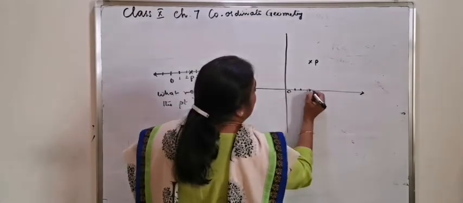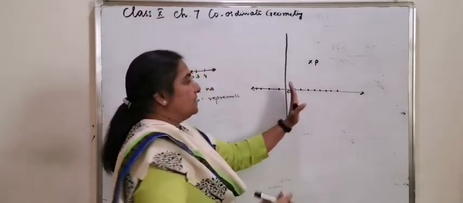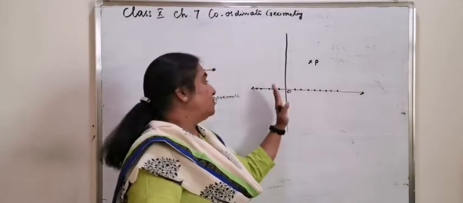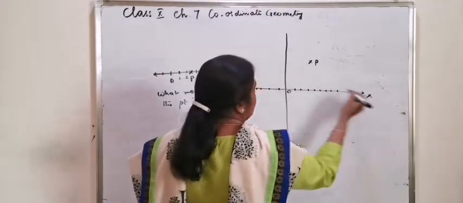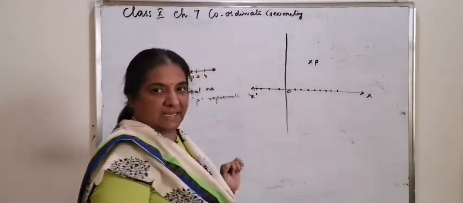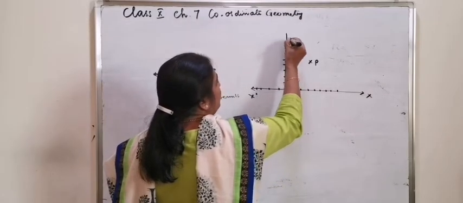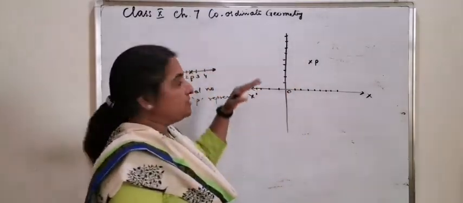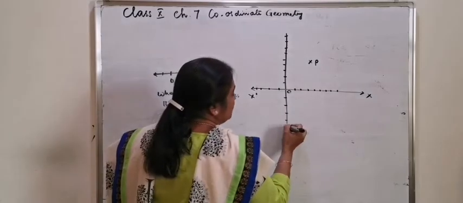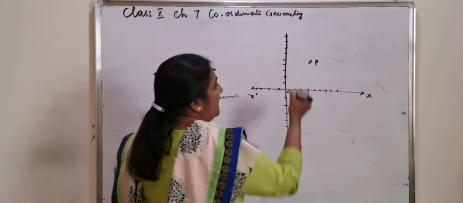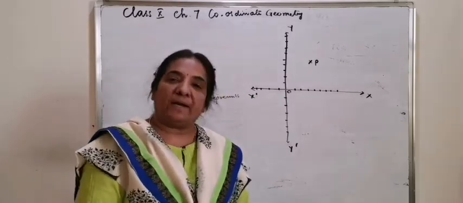Towards the right on the horizontal axis we mark the positive numbers, towards the left the negative numbers, and we call this horizontal axis X'OX. On the vertical number line, the positive numbers are towards the top and the negative numbers towards the bottom, and we call it the y-axis, YOY'.